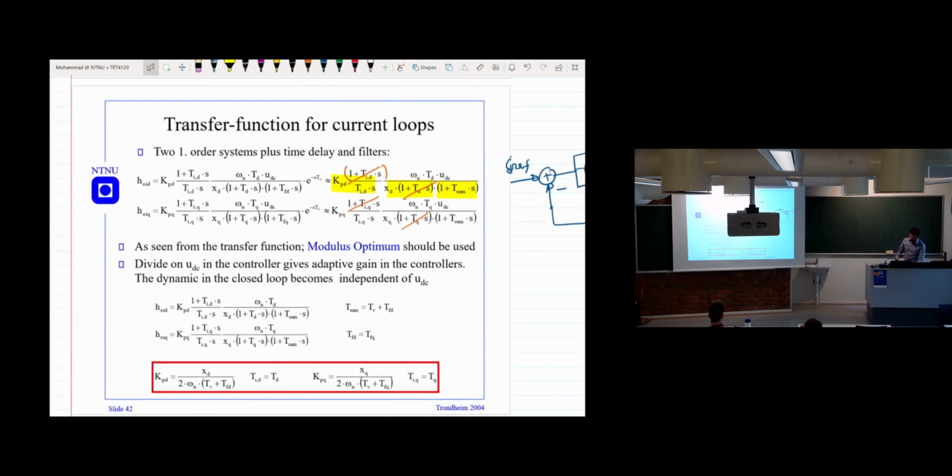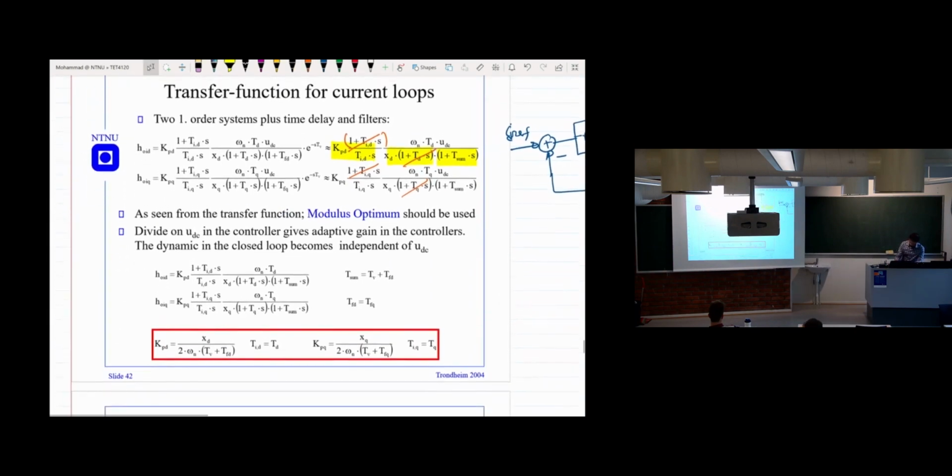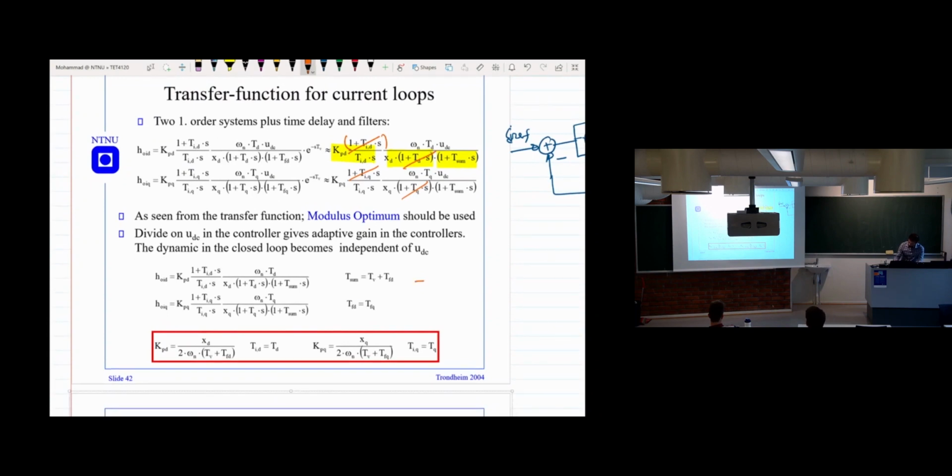Then we also set the damping factor. If you remember, the damping time constant, which is 1 over square root of 2 in the second order equation. And that finally gives us the proportional gain. So you get the proportional gain for the D-axis current controller and also the gain for the Q-axis current controller.